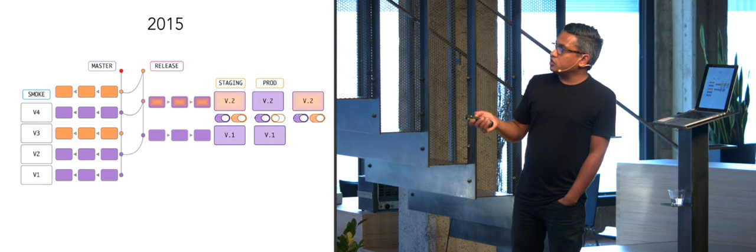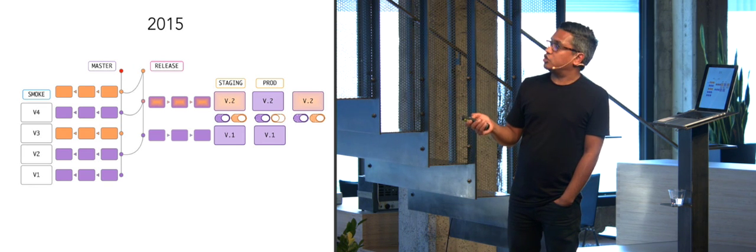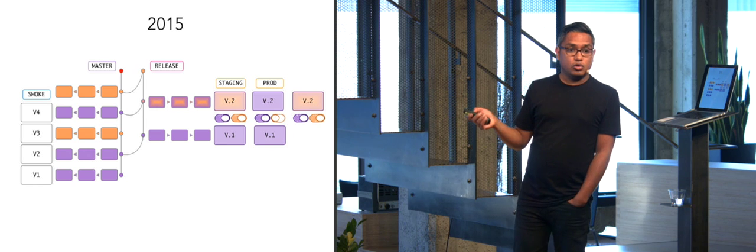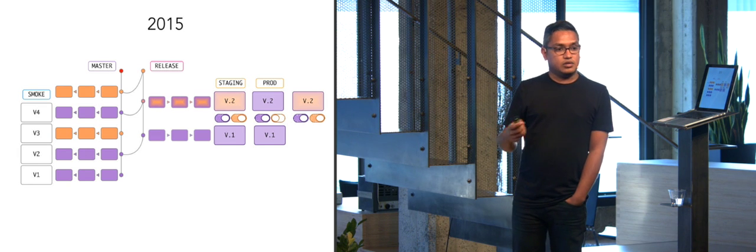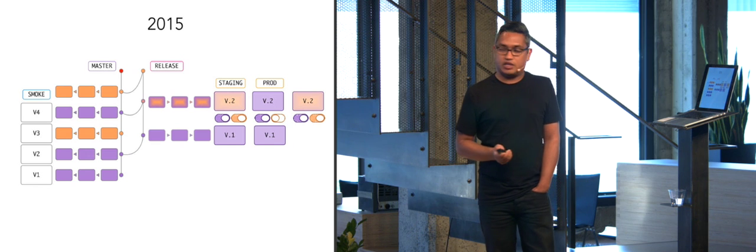So by using release toggles, it allowed us to separate out when we wanted to release these features to our users, so that while staging and smoke could continue to give us all the feedback we wanted about making sure that bad code did not get pushed out to production, we still stood in control of when a feature was actually exposed to our users, so that the product manager could handle the user expectations at that point in time. And that's a recurring theme, which is handling user expectations.